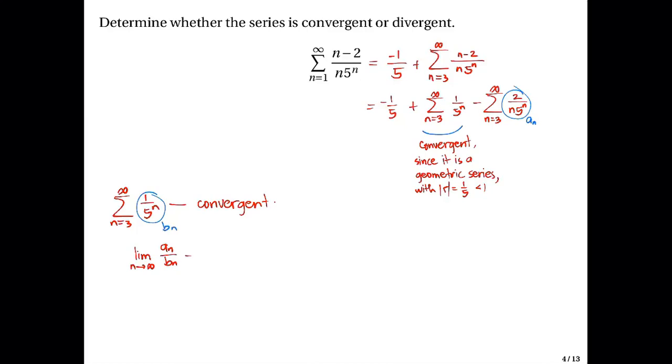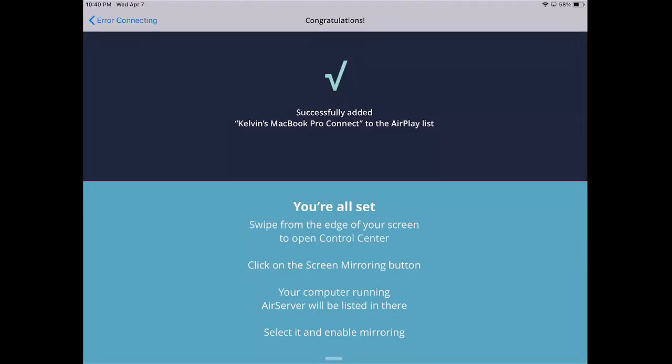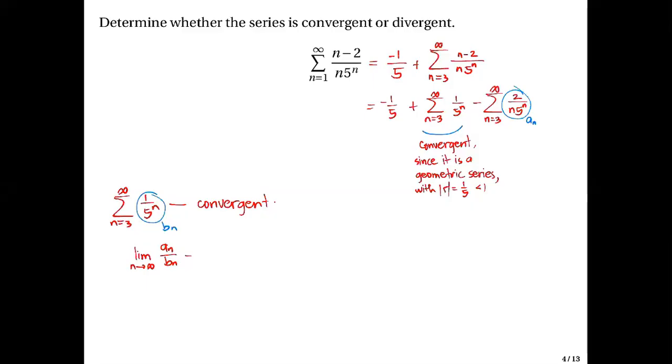We have our An, which is 2 over n times 5 to the n, as n approaches infinity. And then our Bn is 1 over 5 to the n. Let's take the reciprocal, so this is just multiplied by 5 to the n. And notice, of course, this 5 to the n will cancel the 5 to the n in the denominator.